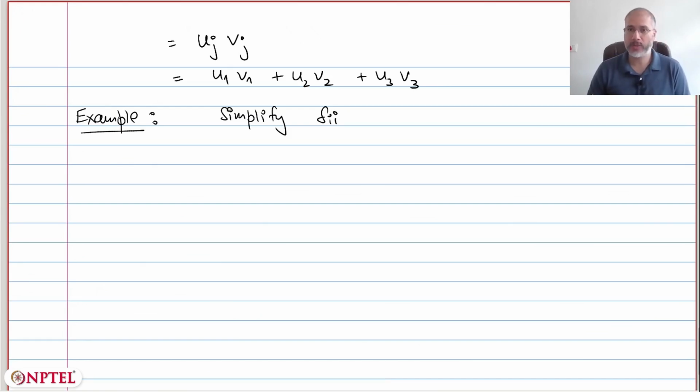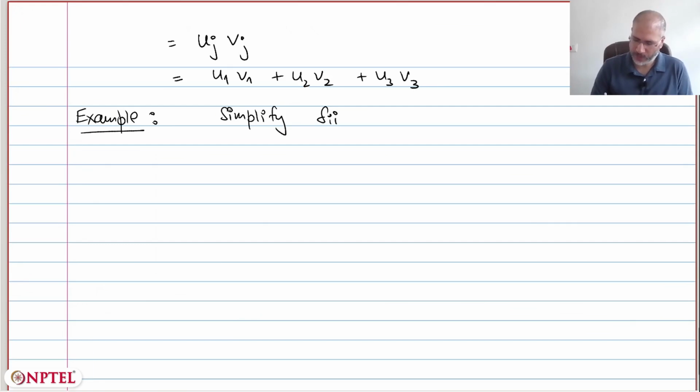So the problem says simplify the expression delta ii. Okay, so this is independent of the vector dot product. We are done with that. So how do we proceed? Now we can see it's an indicial notation. It involves a delta. So the first thing we have to do is to apply the summation convention, because as per the convention this has to expand to something, right?